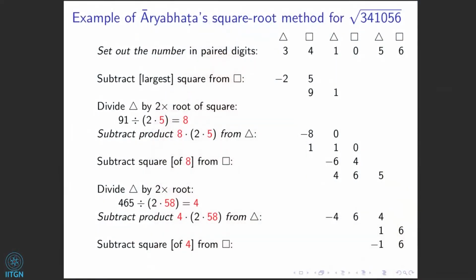And you are essentially just pulling out all the accumulated factors of this square number from the number itself, and you end up with a collection of successively acquired digits, the 5 and the 8 and the 4 that are marked in red here, to give you ultimately the root of this perfect square, 584.